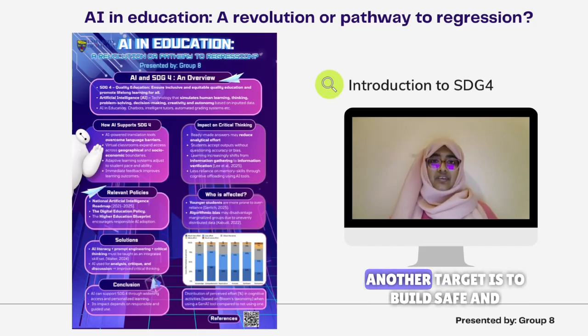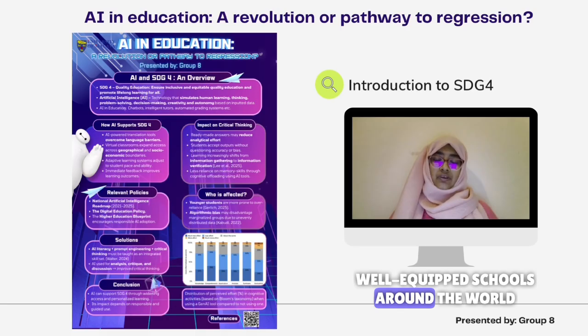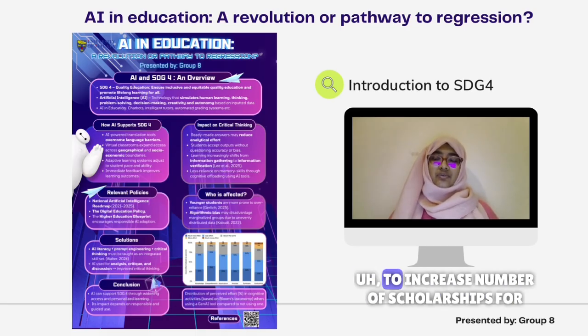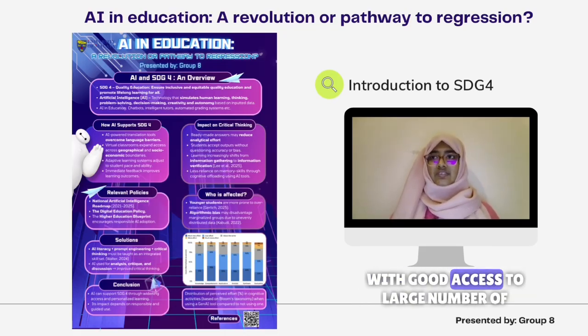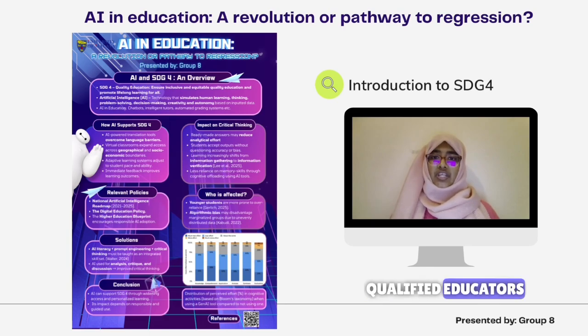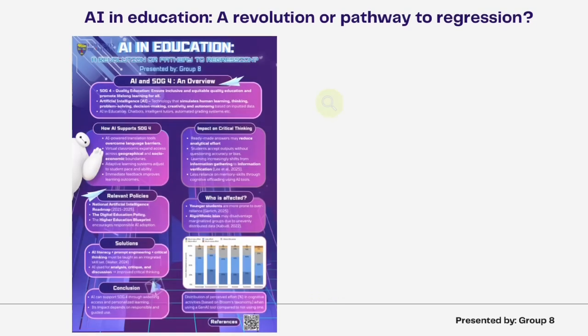Along with that, another target is to build safe and well-equipped schools around the world, to increase the number of scholarships for higher education in developing countries, as well as to supply developing countries with good access to a large number of qualified educators. Thank you, Nubla.